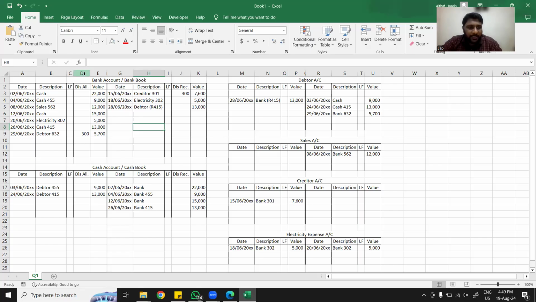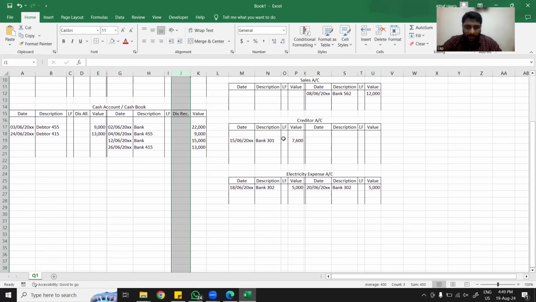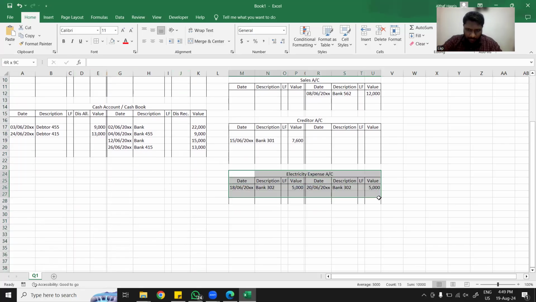So people always, I have asked you to check the discount allowed and discount received. So we have to record those two values also because these are just memorandum columns, no? At last, we have to record the proper entries. So we'll quickly finish off those two accounts also.